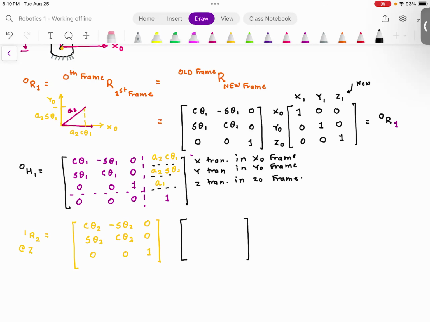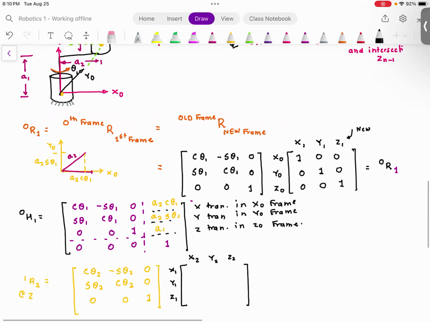Now, can you tell me it would be projection of what axis onto what axis? Projection of new onto old. Which is the new axis? New axis is x2, y2, z2. Which one is the old axis? x1, y1, z1.